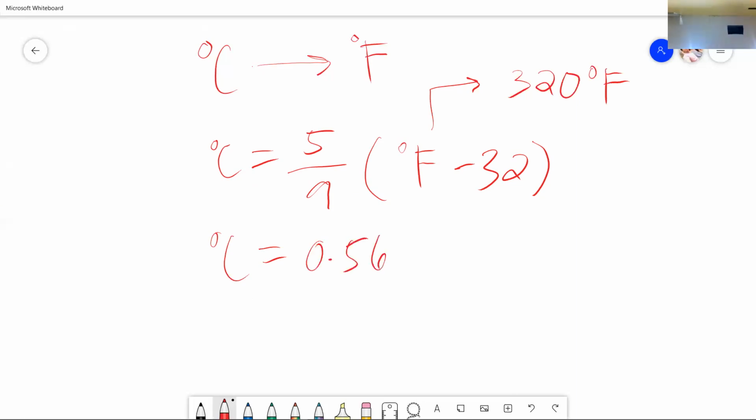Then substitute the degrees Fahrenheit: 320 degrees Fahrenheit minus 32.